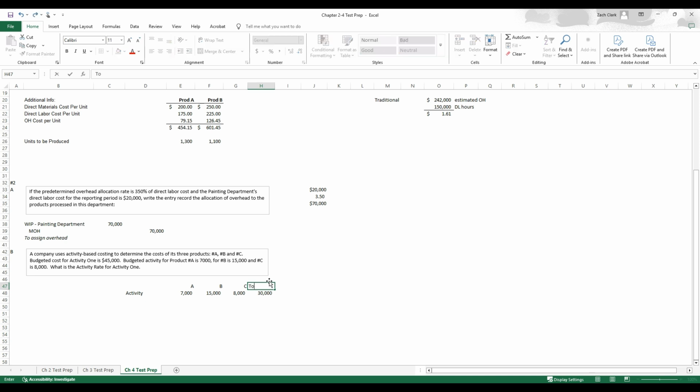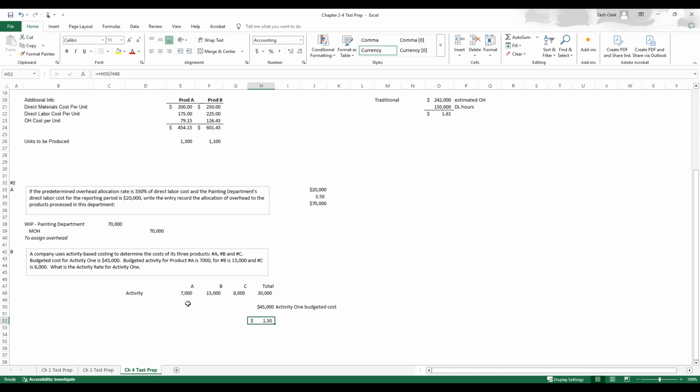And then we know that the total budgeted cost for activity 1 is $45,000. So then for that specific activity, we would come up with a rate of $1.50.